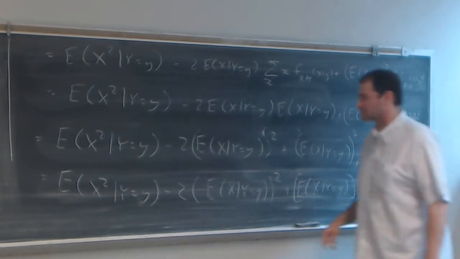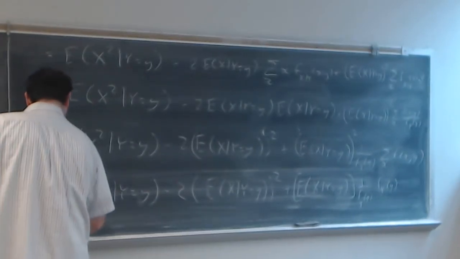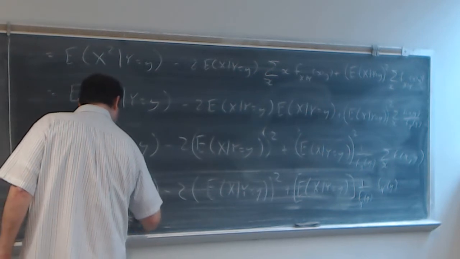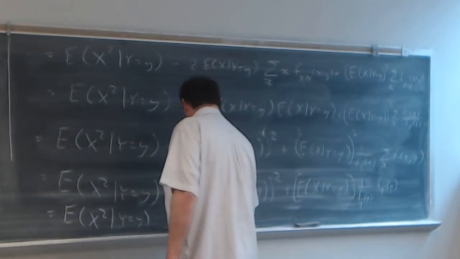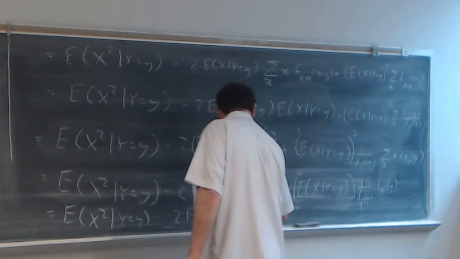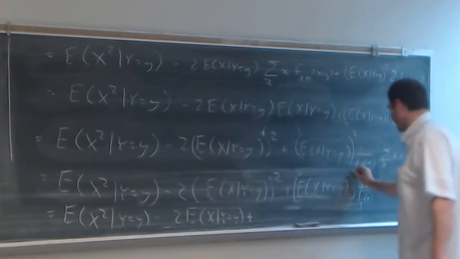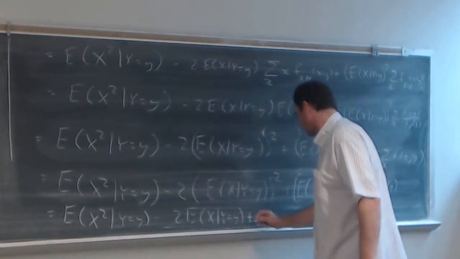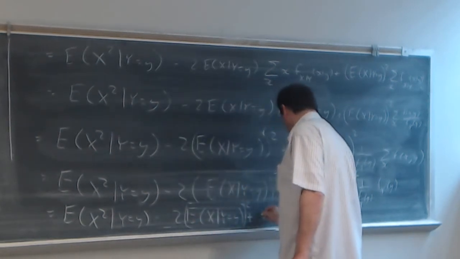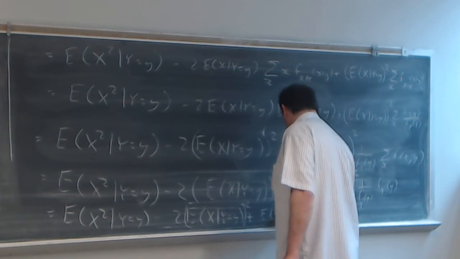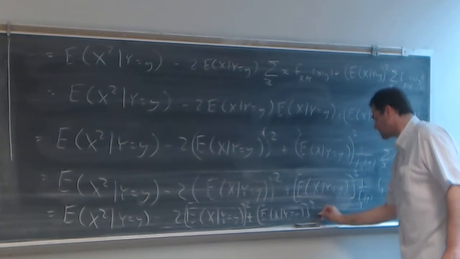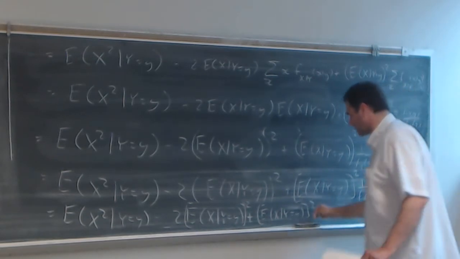So those two cancel, and we're left with the conditional expectation of x squared given y equal to y, minus 2 times the expected value of x given y equal to y, plus, well, I forgot to square again. The conditional expectation of x given y equal to y, squared. And of course, these are like terms, so what we end up with is exactly the result we wanted.